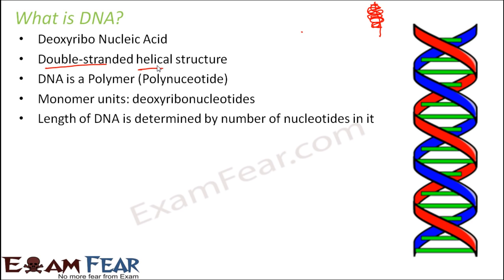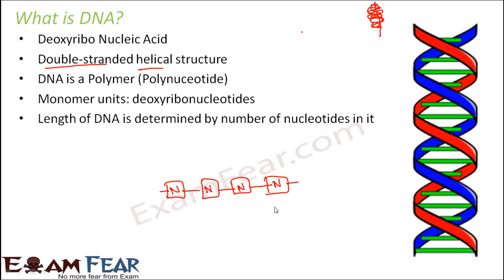The length of DNA is determined by the number of nucleotides in it. So it is something like this. Let us suppose these are the nucleotides. I'm just drawing boxes so that it is simpler for you to understand. So these are all nucleotides. These are the monomer units. Now when these monomer units get joined to each other, what do you get?